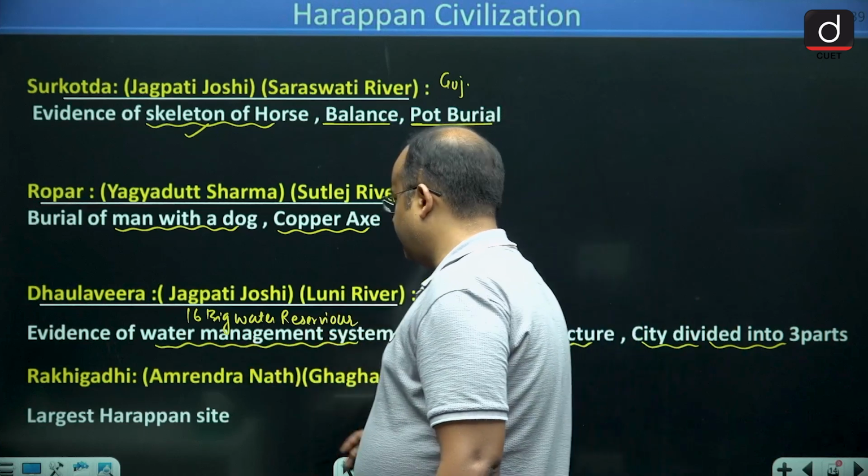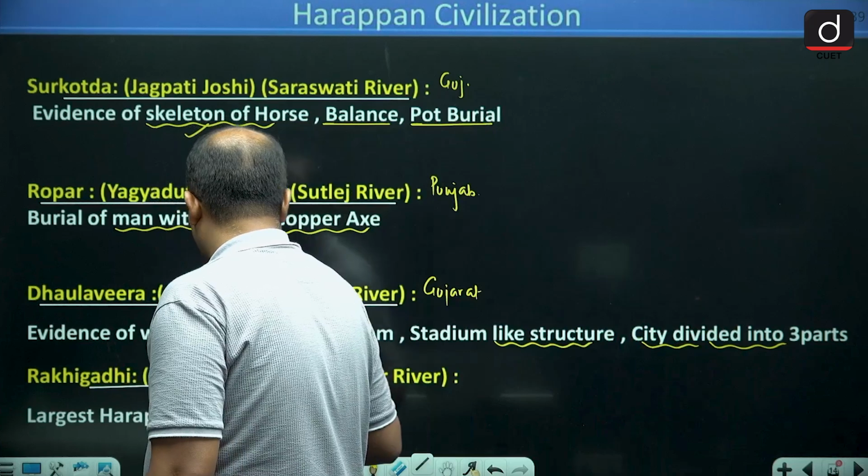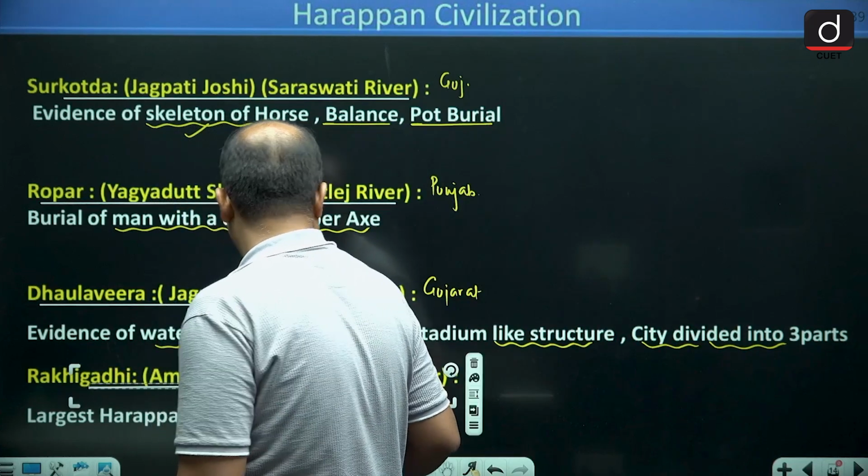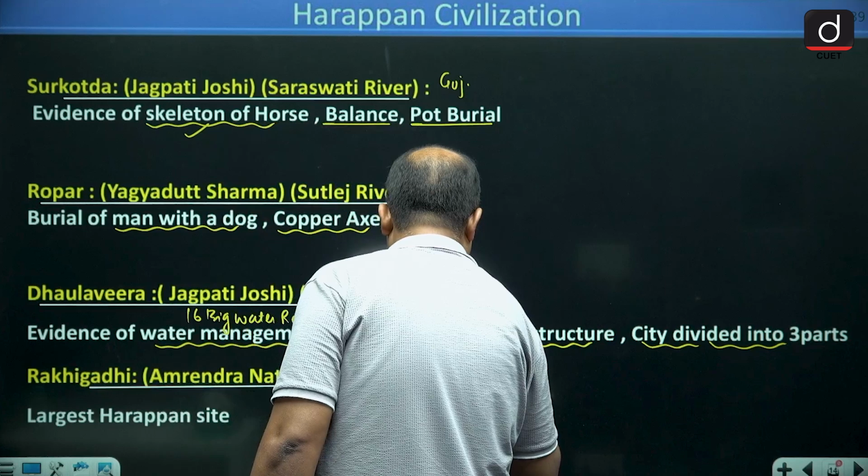Next we have Rakhi Gadhi. Rakhi Gadhi, guys, was founded by Amrendra Nath on the bank of river Ghaggar. It is in Hisar district of Haryana.